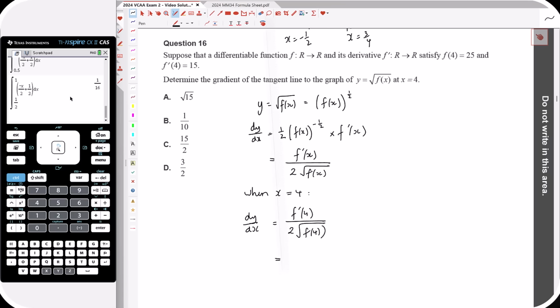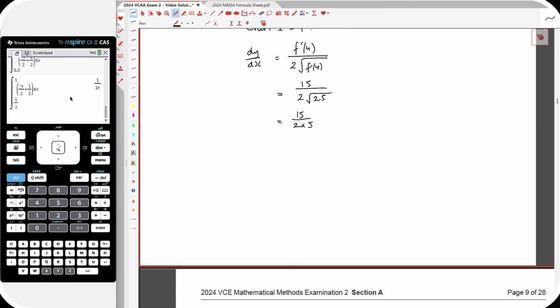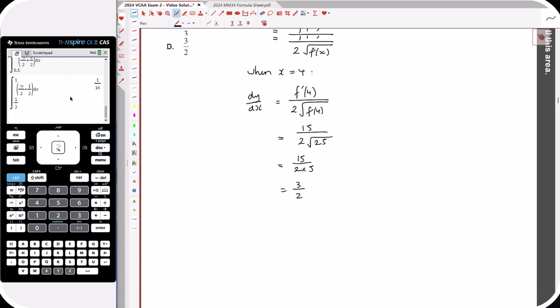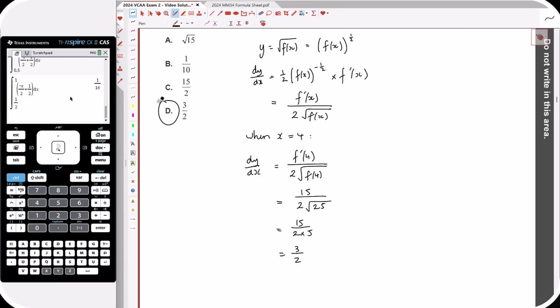So f dash at 4 is 15, over 2 times the square root of f at 4, which is 25. So that is 15 on 2 times 5, which is, you can either cancel down the 5 and the 15, so you get 3 on 2, or you get 15 on 10, which you then cancel down to 3 on 2. So D.